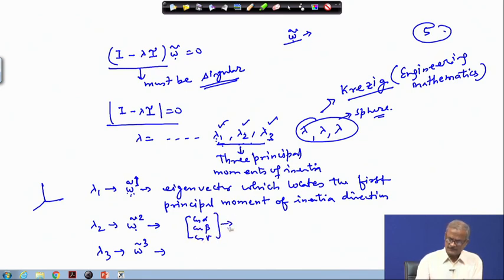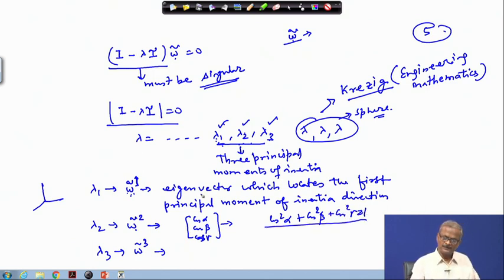These are the direction cosines, and as we have discussed in our rotation, cos square alpha plus cos square beta plus cos square gamma will be equal to 1. Once you have normalized it, the normalized omega tilde, which is the eigenvector here, will indicate the direction cosines of the principal direction.